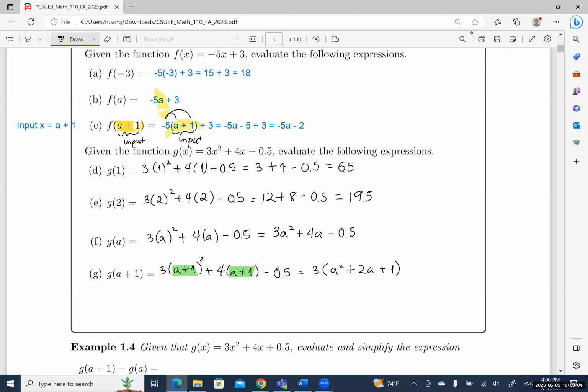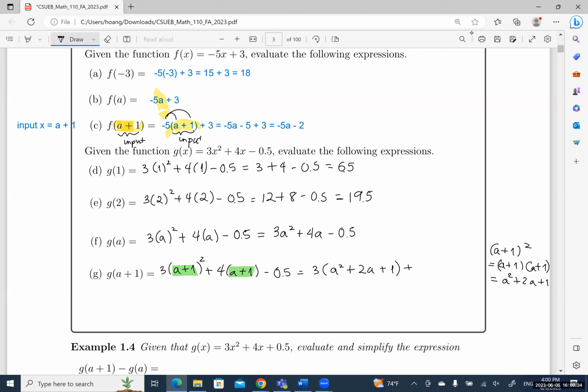If you don't want to use formulas, go ahead and do a side rule: A plus 1 square, you write as A plus 1 times A plus 1, and that gives you A square plus 2A plus 1. Go ahead and do the calculation, okay? Then I go to the next part.